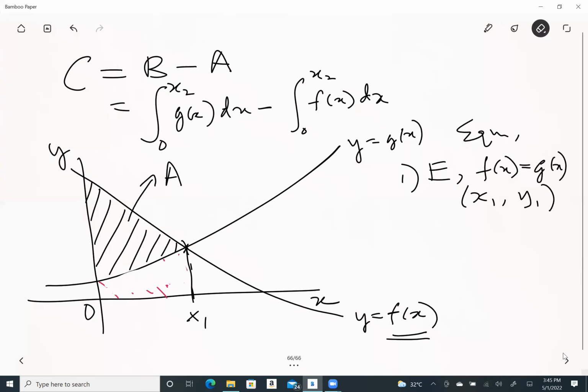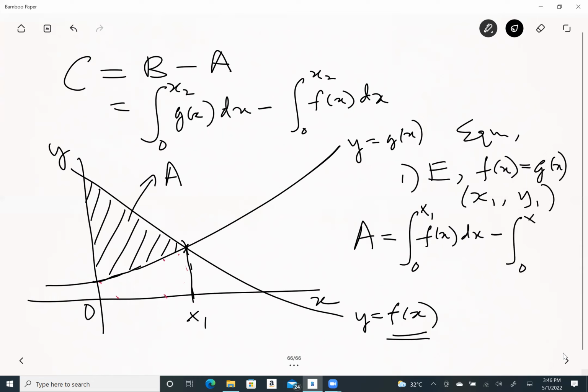So the area A is the difference between the integral under F and the integral under G. Okay, because this is our line G. So area A is equal to the integral from 0 to x1 of f(x) dx minus the integral from 0 to x1 of g(x) dx.